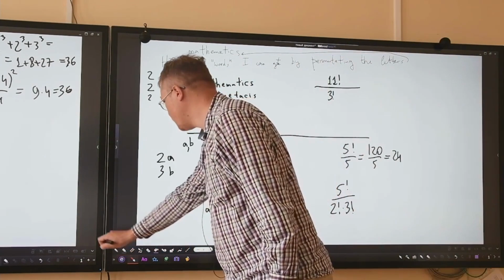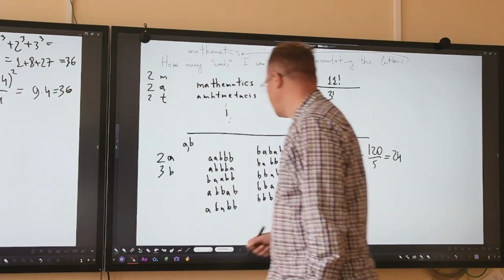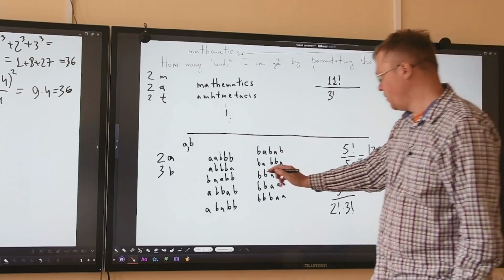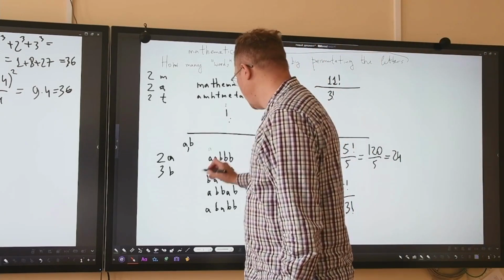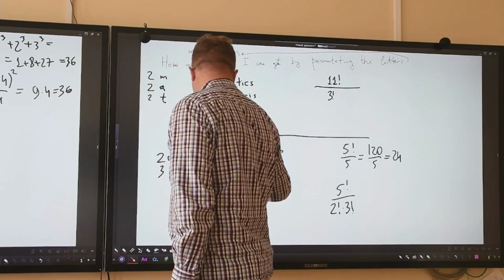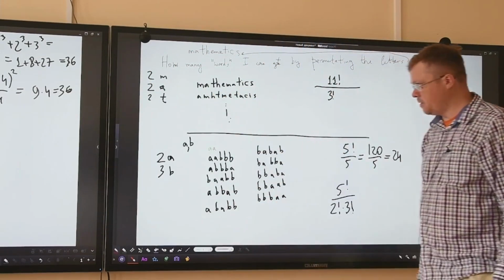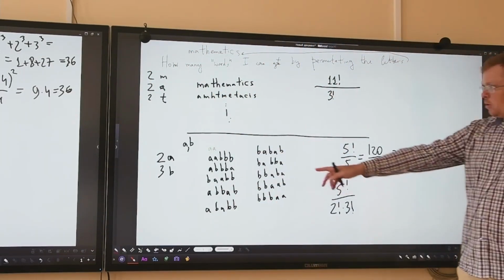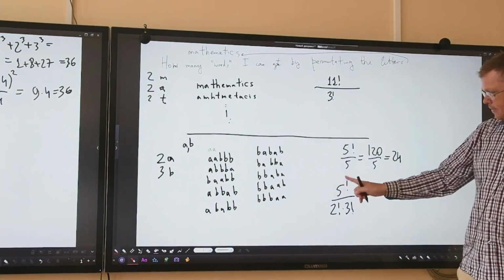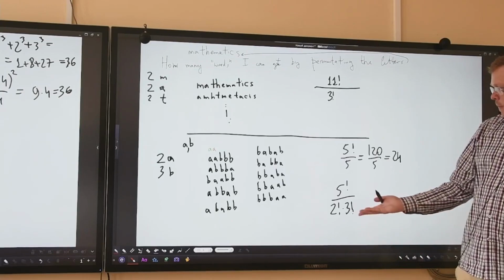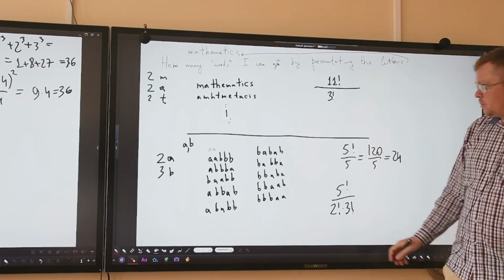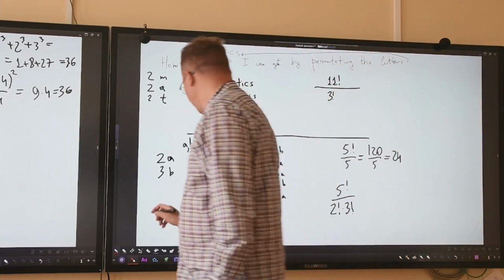Yeah, of course. So the idea is that, for example, if I have one green A and one red A, so they will be distinct, and all the B's will be different colors, then I'll have 5 factorial. But now, for each of these words, I have 2 possible choices.